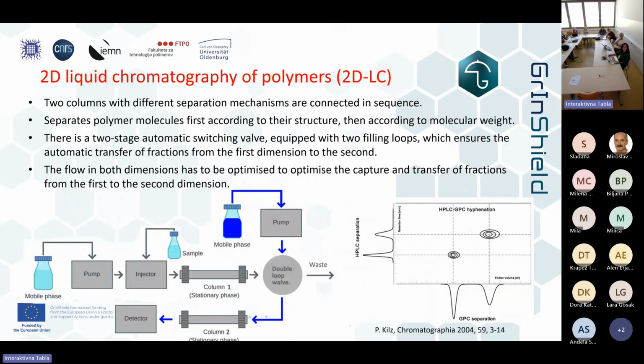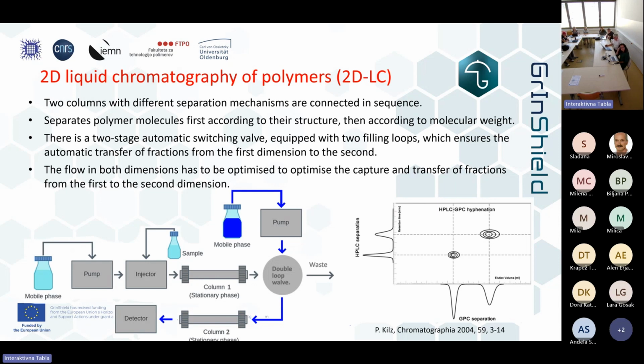There is, of course, one more technique which is used, and this is two-dimensional liquid chromatography. Here we have two columns with different separation mechanisms, connected in sequence.